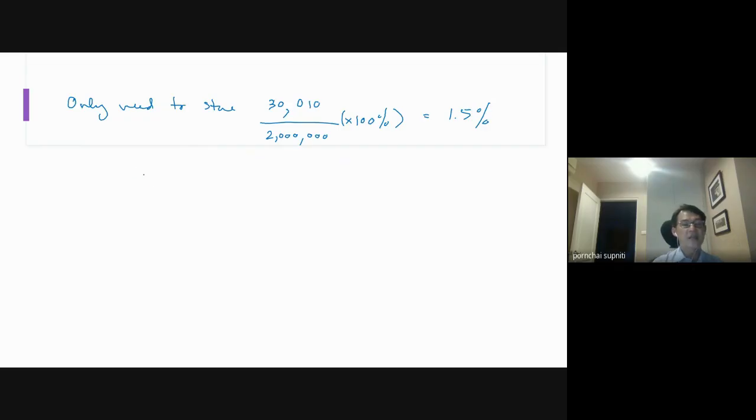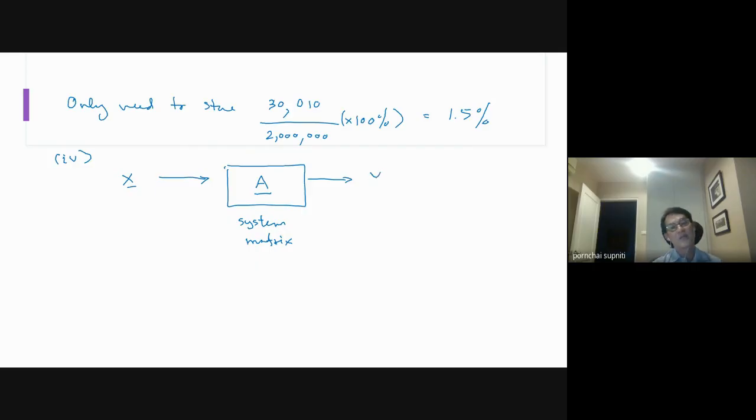Because let's say that you transmit x through a system, let's say a channel or a system with the channel matrix or system matrix A. And what you get on this side is maybe you have noise or no noise. Let me write down no noise first, just for simplicity.